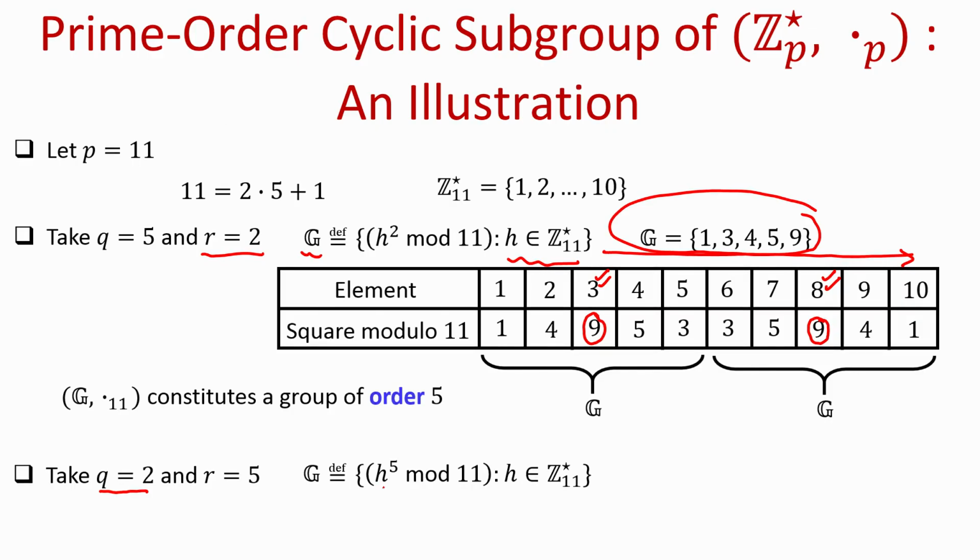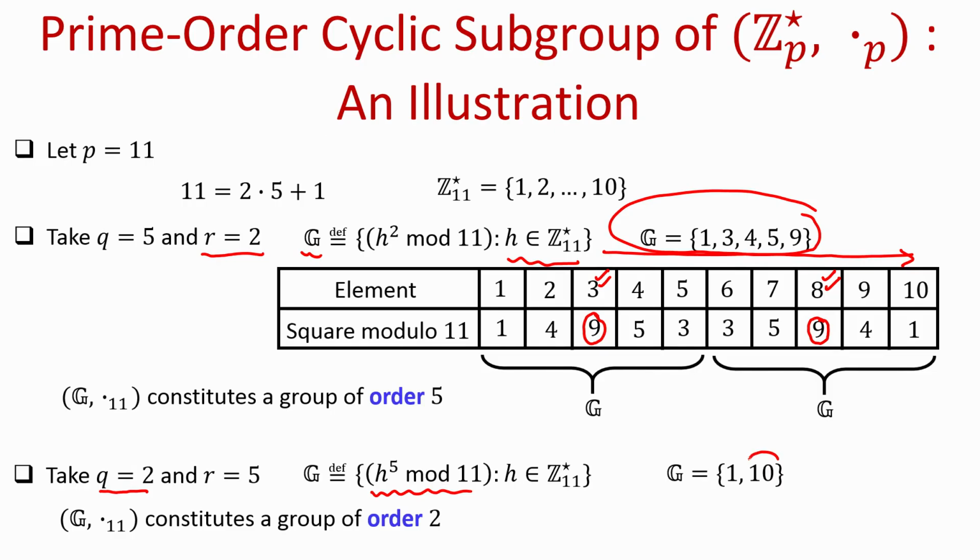Now, if I focus on the fifth residues modulo 11, namely the collection of all h to the power 5 modulo 11 where h belongs to Z11 star, then I obtain the subset 1 comma 10, and we can see that it constitutes a cyclic group of order 2 because it has two elements, it has the identity element, and 10 is the generator.